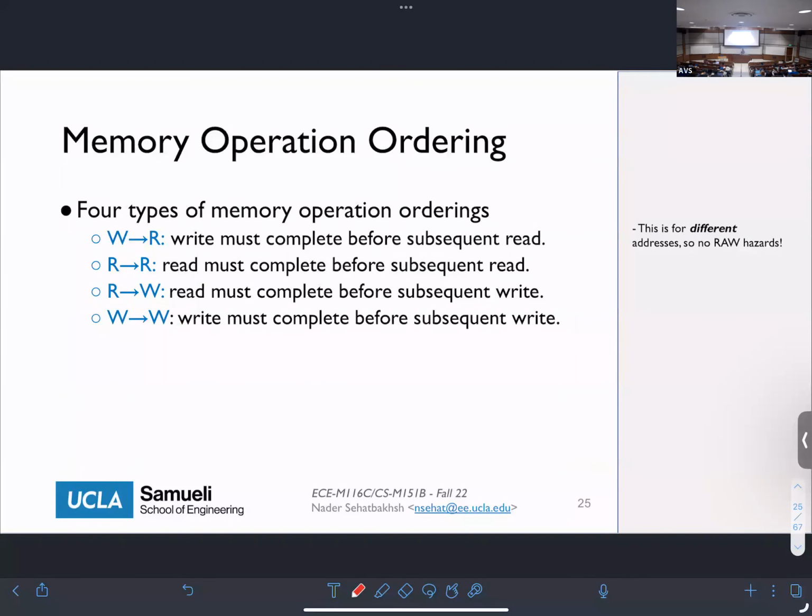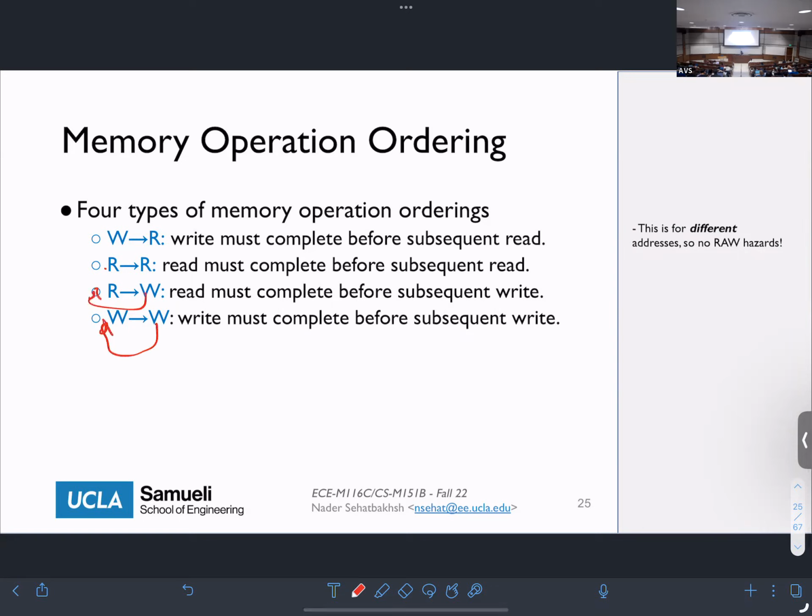What you want to be able to do is some reordering, right? The reordering can only have 4 different possibilities. You have a read after write, a read after read, a write after read, and a write after write. These are the orderings that are possible. When we are talking about reordering, it means that we might want to move this before this.